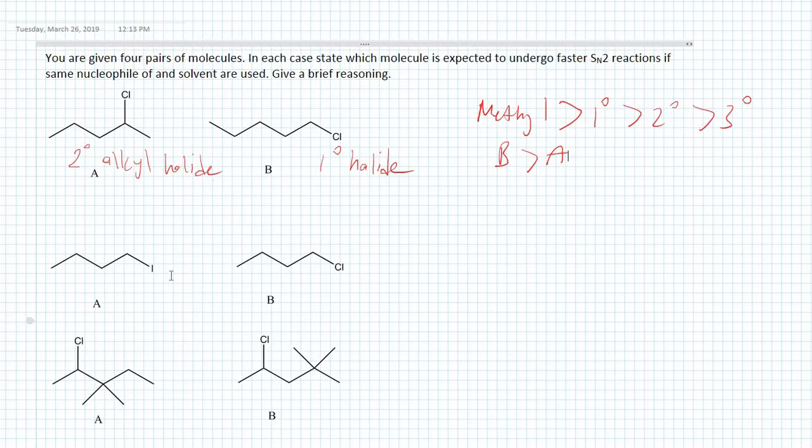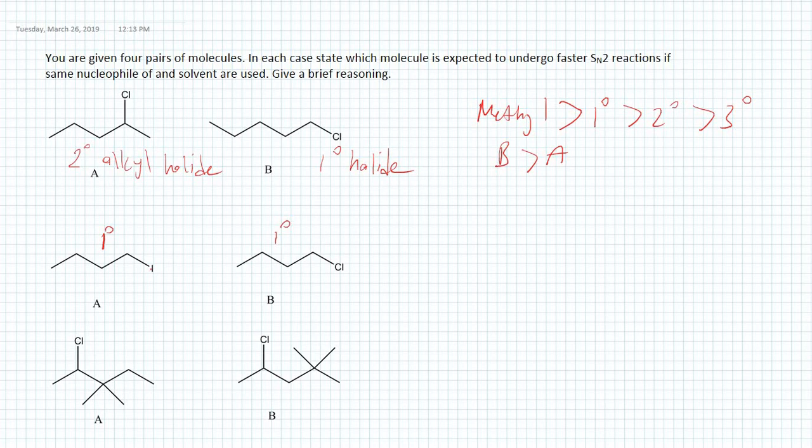Let's look at the second option. In the second option, we have 2 halides, but one is an alkyl iodide and the second one is an alkyl chloride. Let's look at the substrates. This is primary and this is also a primary halide, so the steric factors of the substrate are the same, but we have 2 different leaving groups. We know that the leaving group affects the rate of SN2 reactions.